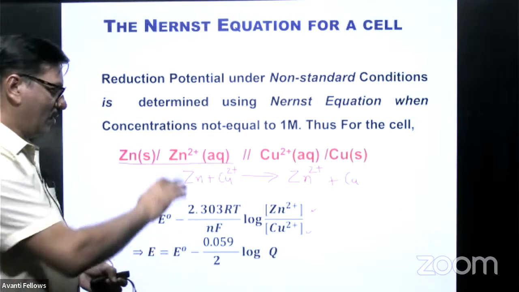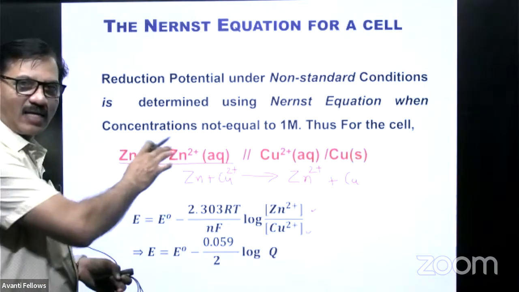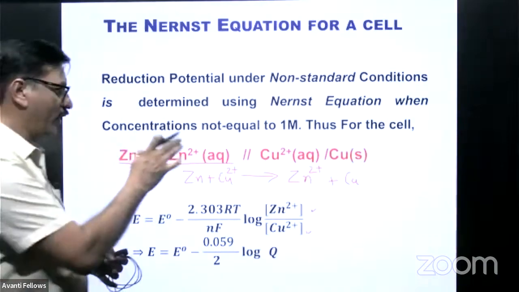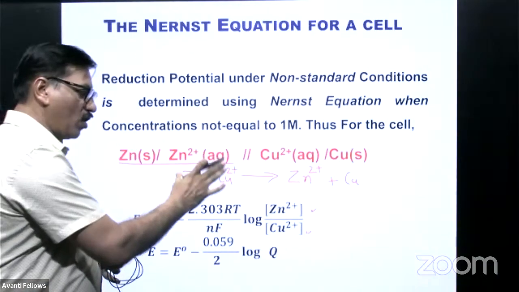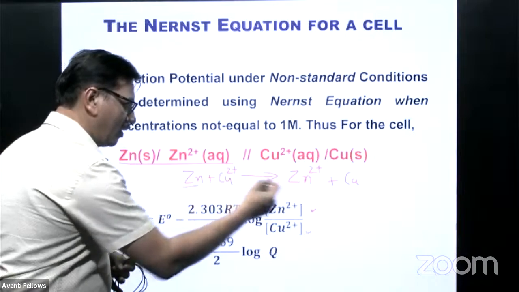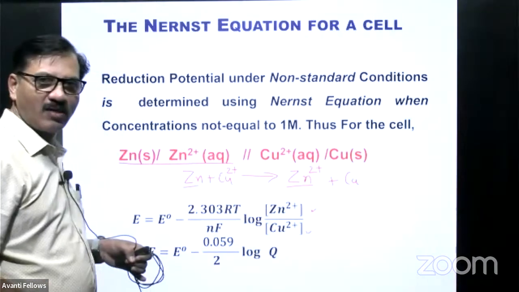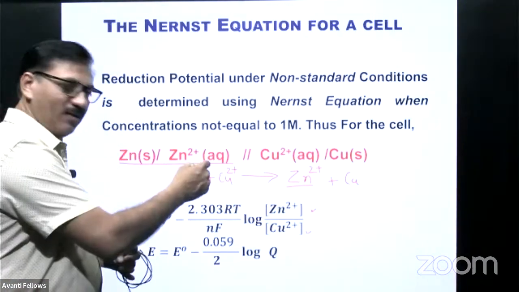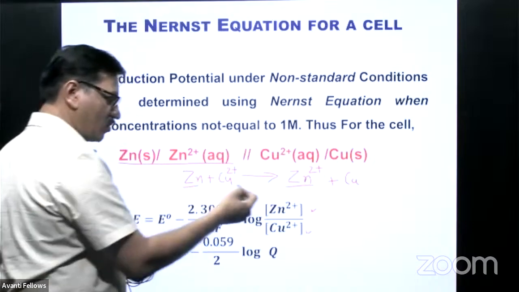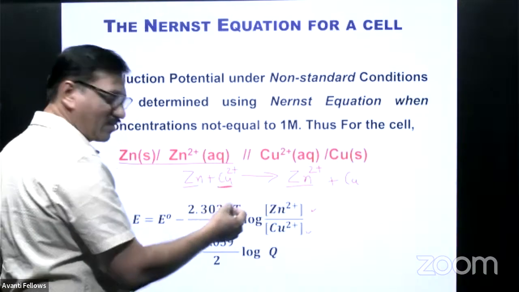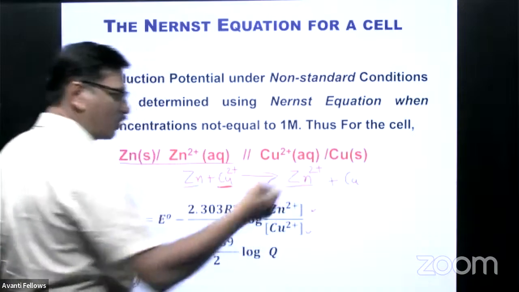You can write the overall equation from the cell representation, because the left half cell is the oxidation half cell: zinc gives 2 electrons to the copper ion by forming Zn2+, and the Cu2+ ion receives the 2 electrons to get reduced to copper.